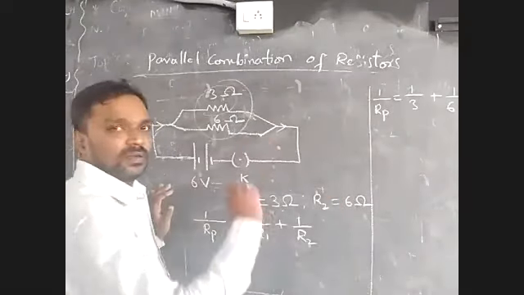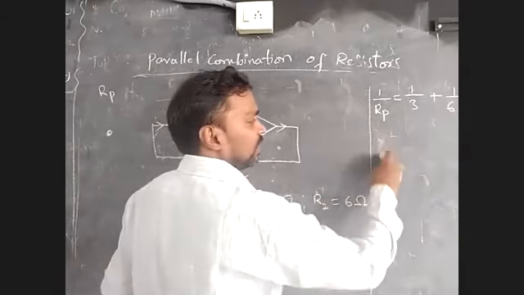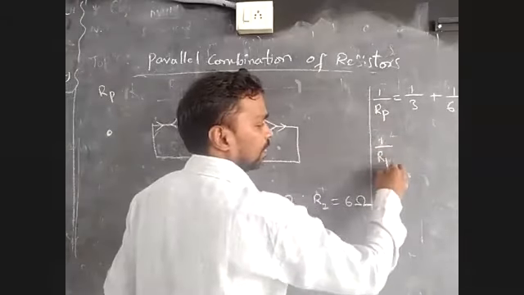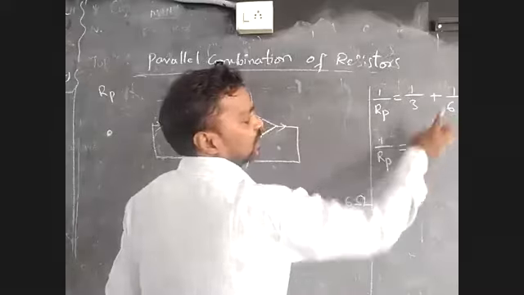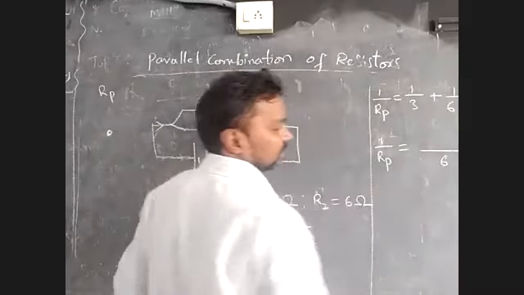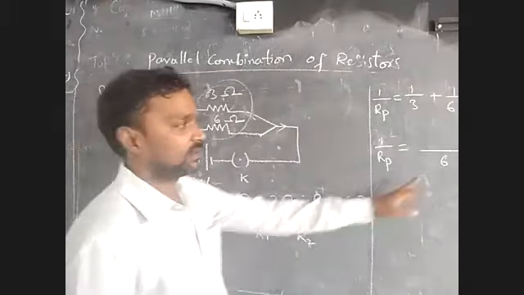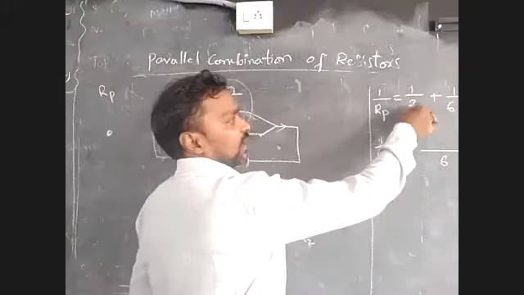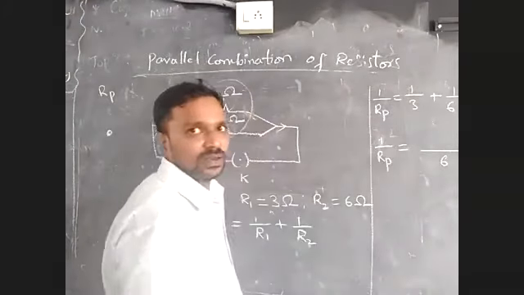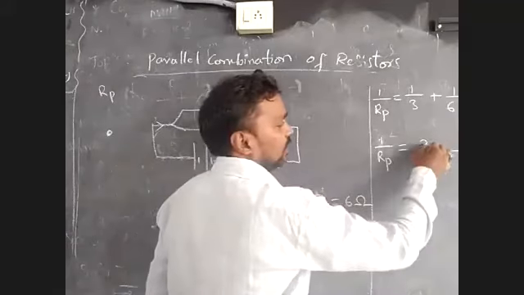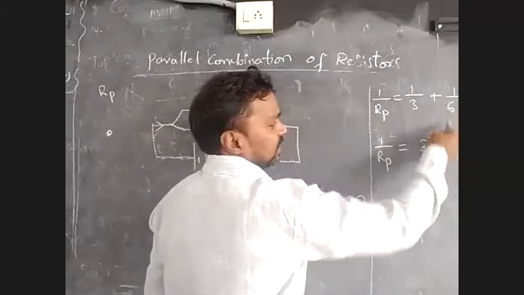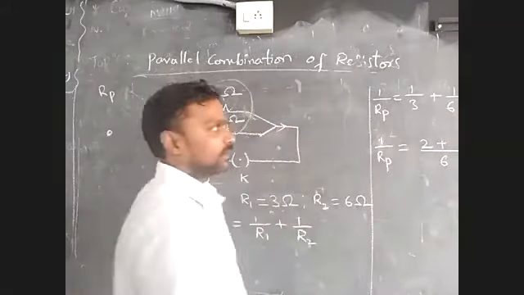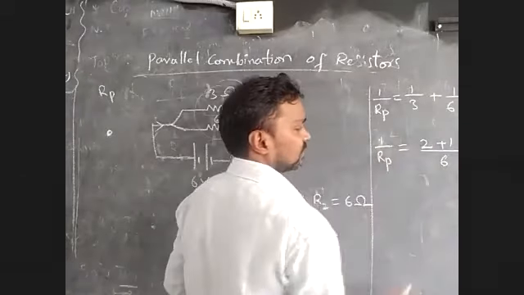Now what is the LCM of this? 1 by RT is equal to, the LCM is 6. I divide 6 by 3, what will we get? 2, 2 into 1. 2 plus 1, 6 divided by 6 is 1 time, so 1 into 1.